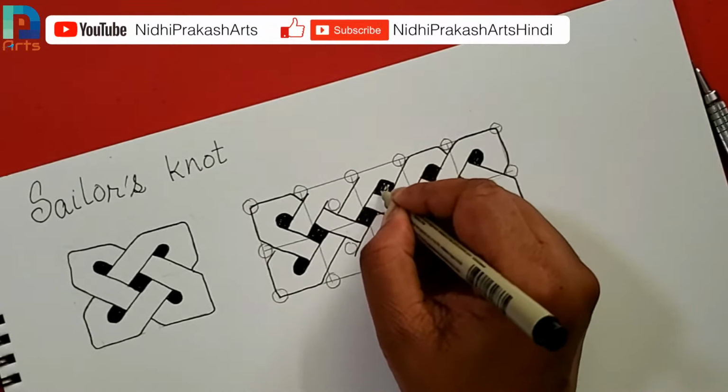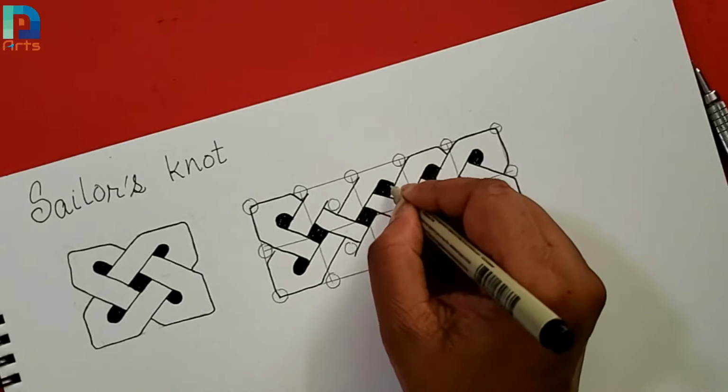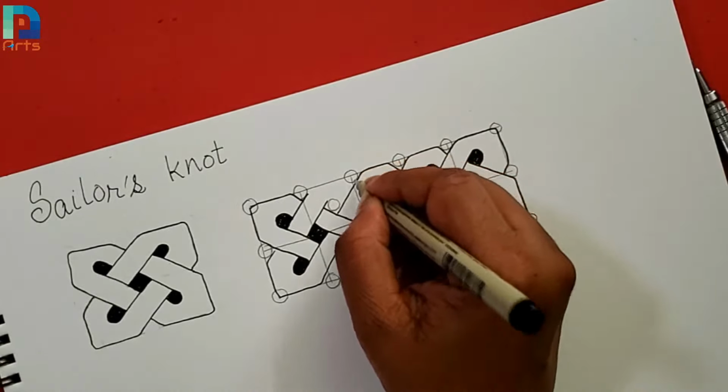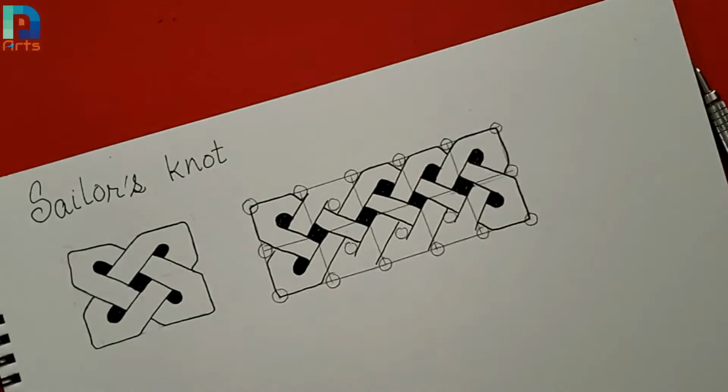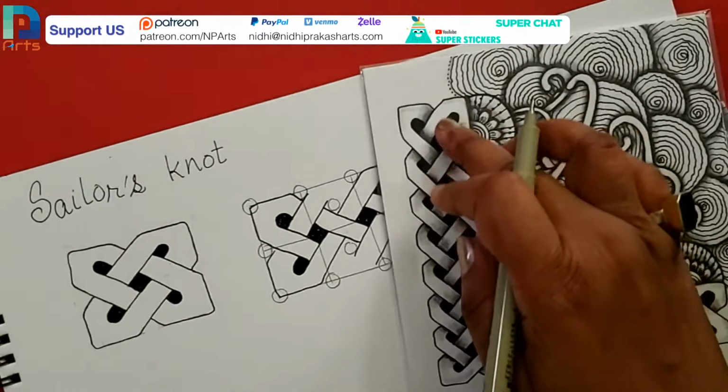Once we get the concept of drawing this pattern, we can draw this in any border or in any shape, like the way I drew the same in this one here.